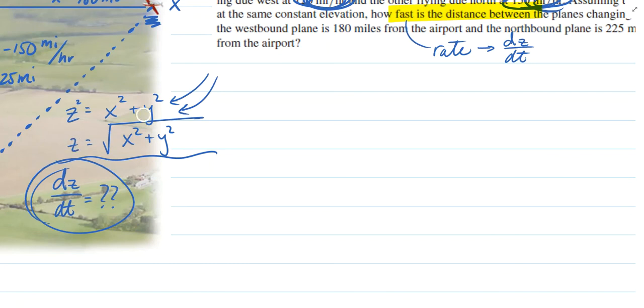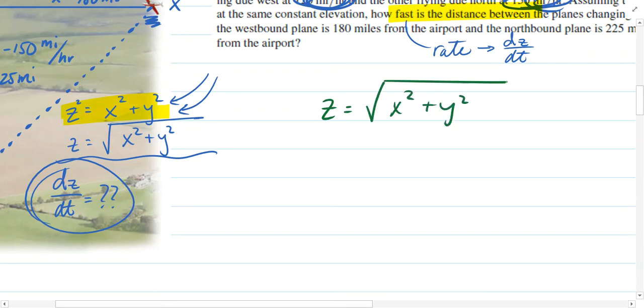So a moment ago I said I actually like this first formula a little bit better, and the reason for that is because we're going after dz/dt. We're trying to find the derivative of z with respect to time. And I don't know about you, but if I had z equals the square root of x squared plus y squared, I would much rather take the derivative with respect to time of a pair of exponential expressions rather than trying to take the derivative of this square root.